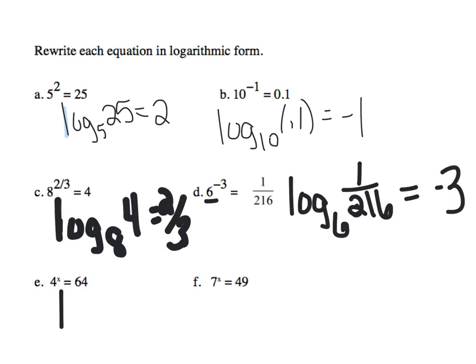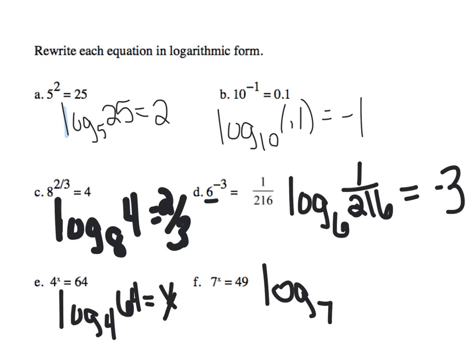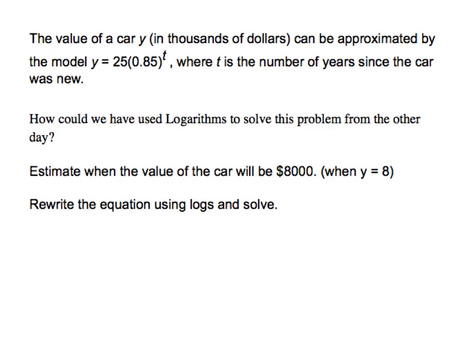All right, so down here we have log base 4 of 64 equals x, and log base 7 of 49 equals x. One way that you can actually use this is by looking at an exponential decay problem here.